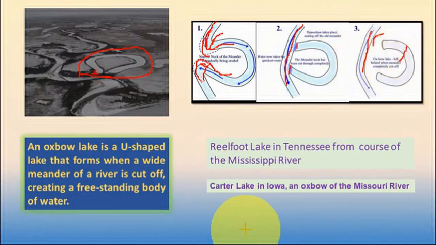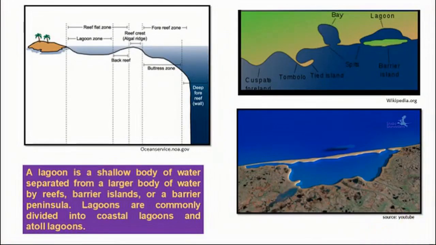There are examples of oxbow lakes, and you will find many oxbow lakes in different rivers in India also. And lagoons are shallow bodies of water separated from a larger body of water by reefs, barrier islands, or a barrier peninsula.